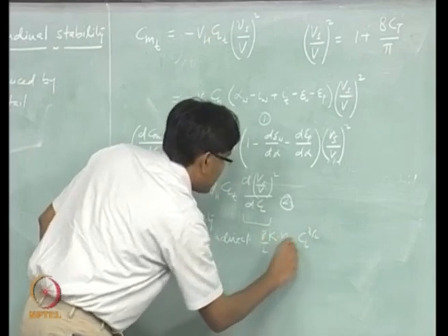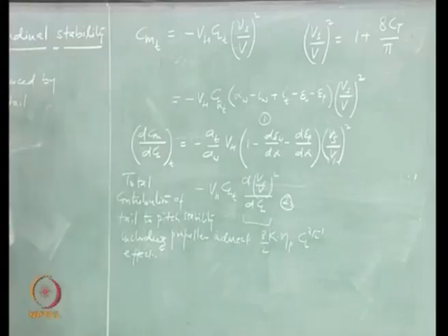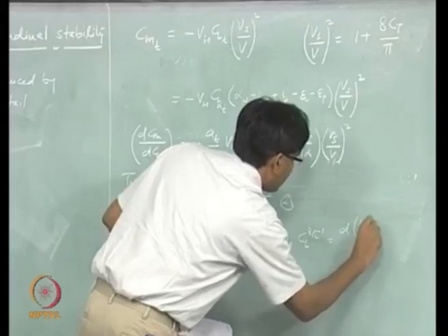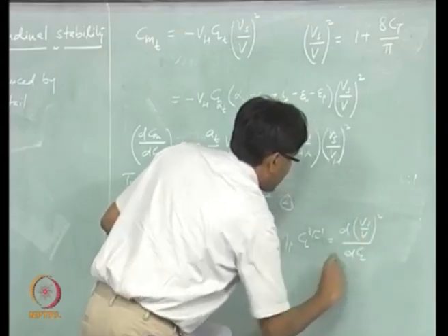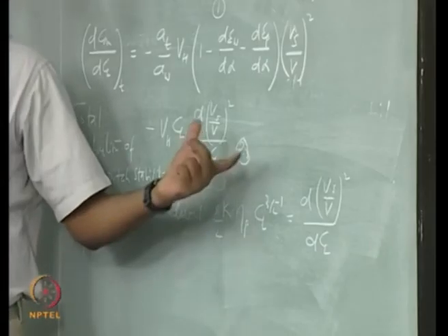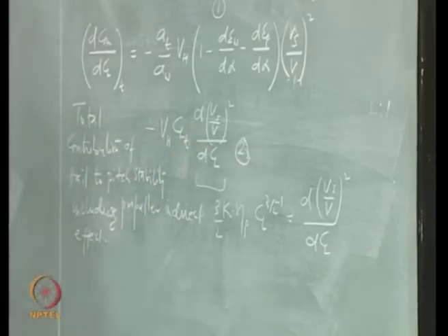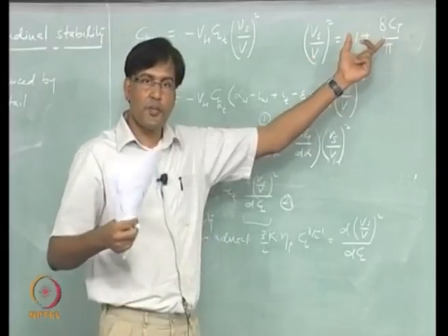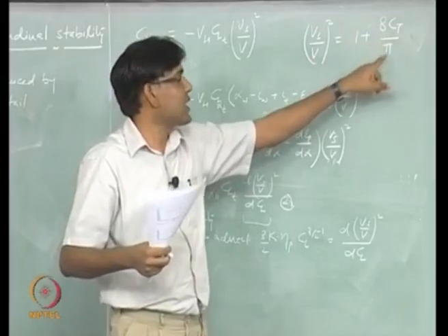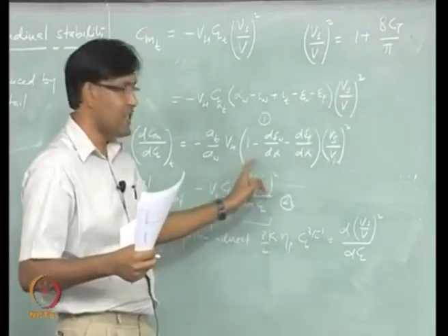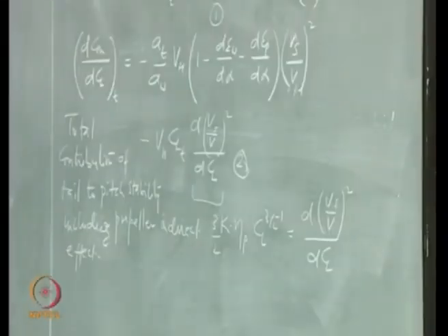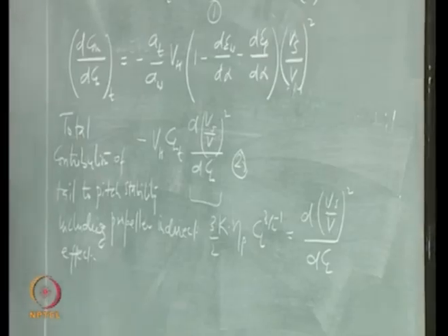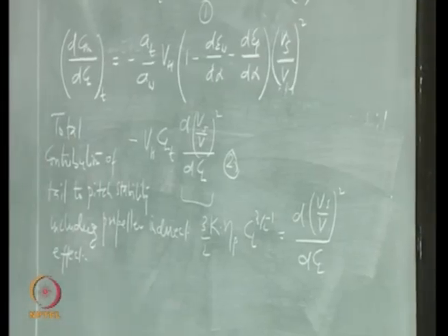But this is when the propeller is running and we are getting some thrust, right. If the propeller is not producing any thrust, then this becomes 0 and this derivative becomes 0. So, there is no contribution coming from this term when there is no thrust being produced by the running propeller, right.